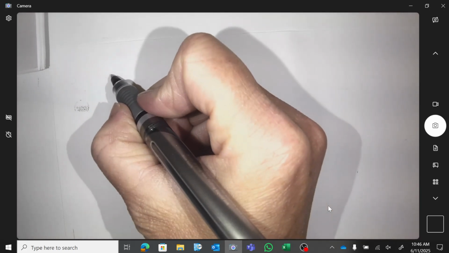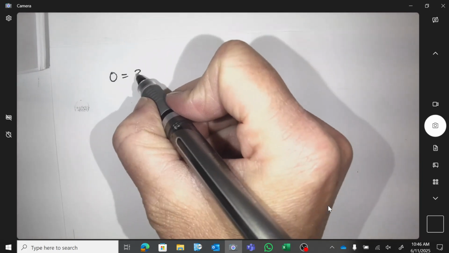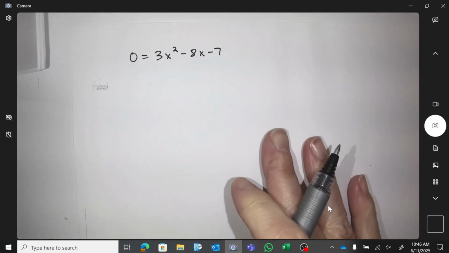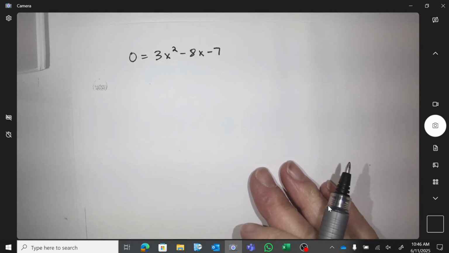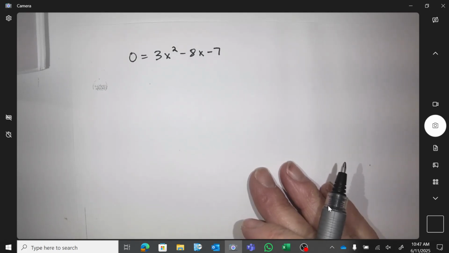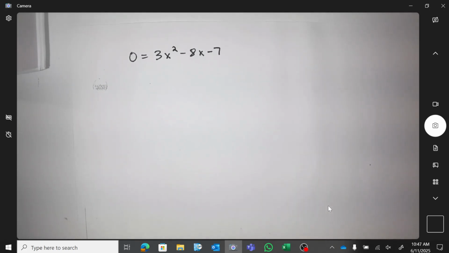I am going to do the quadratic formula. I think most people are very good at the quadratic formula in this, if I remember. Okay, so here's an example.